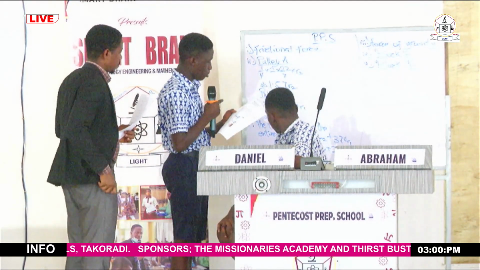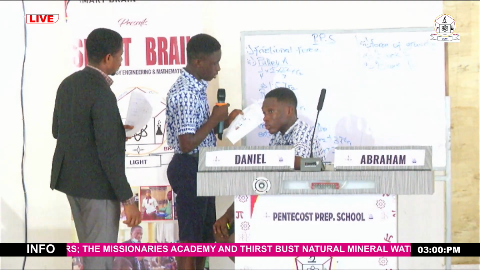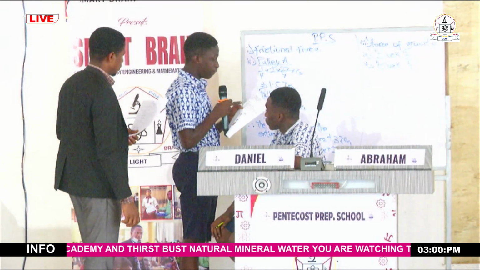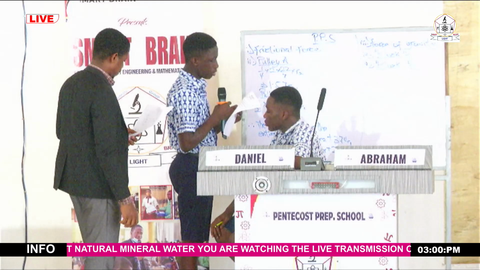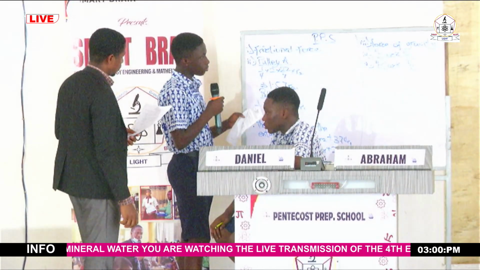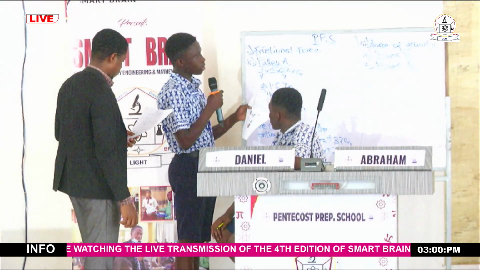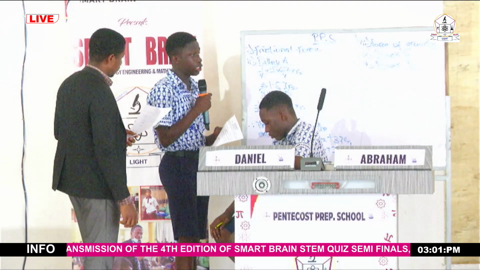Then we move to the next one. That is the third. It says find the external force. If no external force is applied, by what force will block B be lowered down? So it is the force of gravity. This is because it is the force that pulls everything that goes up back to the center of the earth.